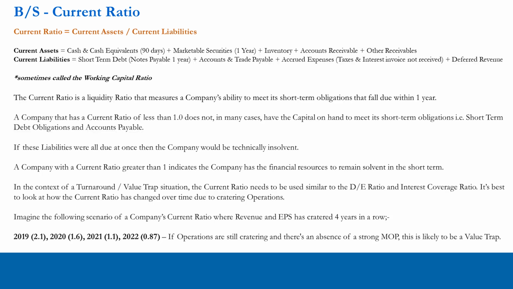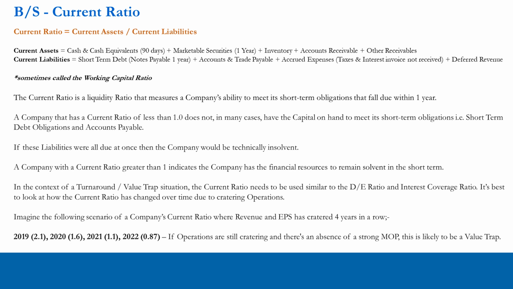Current liabilities is made up of short-term debt, so notes that are payable within 1 year, plus accounts and trade payable, plus accrued expenses, so taxes and interest invoice that's not been received, and deferred revenue.